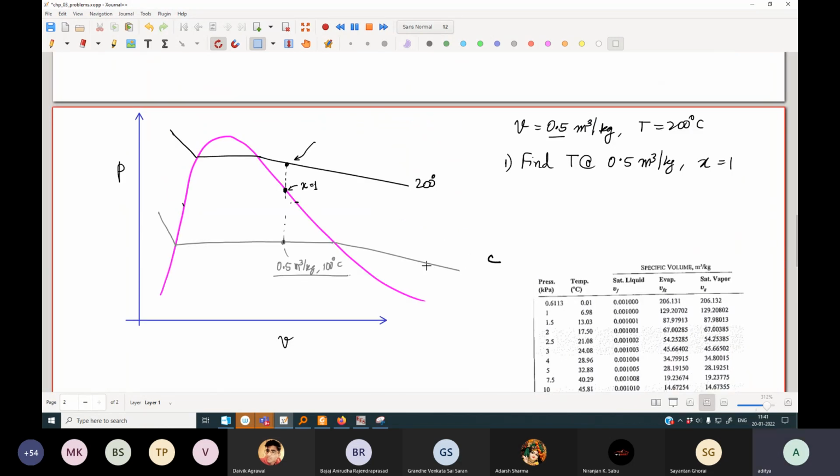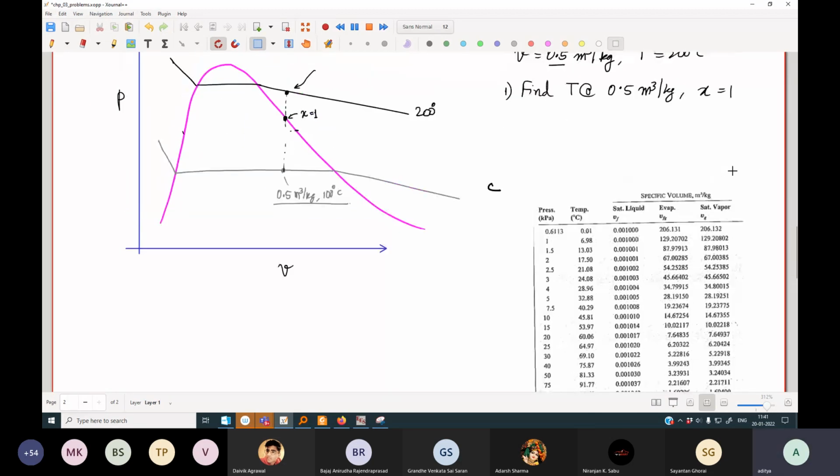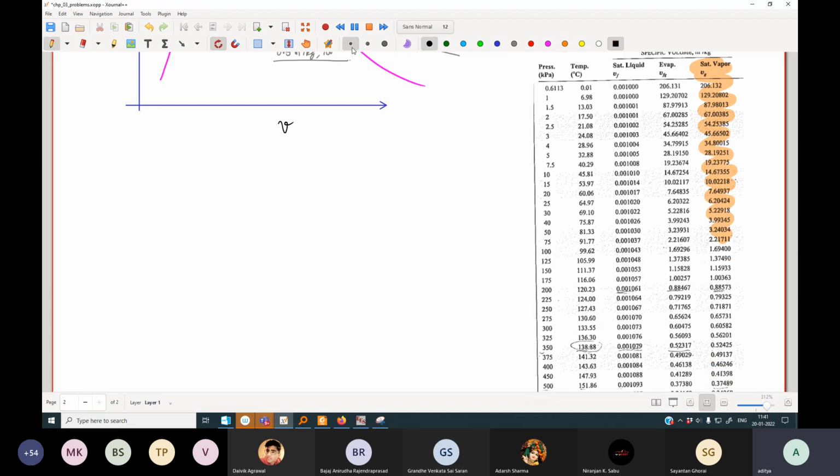So at a specific volume of 0.5 meter cube per kg and x equal to 1, we are looking at all these entries. These are the entries of x equal to 1. Okay. And so we want 0.5 meter cube per kg. These values are near 0.5.